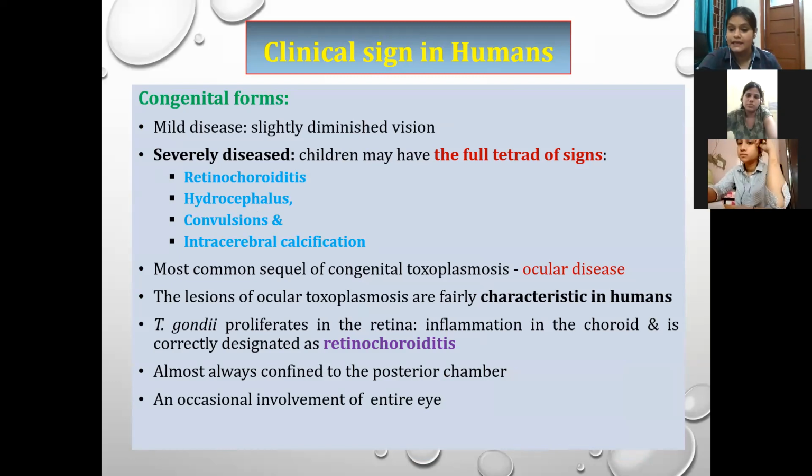These are some signs which you can observe in the congenital form. Most common is the ocular disease, retinochoroiditis, a very common and most prevalent sign. Sometimes it also infects the whole eye, but that is in rare cases.